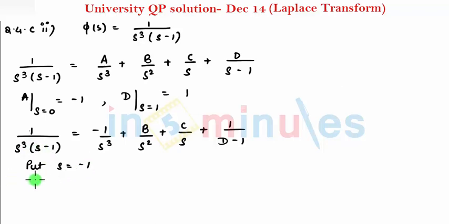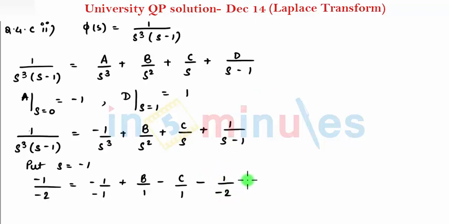So the left side comes as minus 1 divided by minus 2, which is 1 by 2, and on the right side it becomes minus 1 plus b upon 1 minus c by 1, and the last term is 1 upon s minus 1, so s is minus 1, this changes to minus 2.